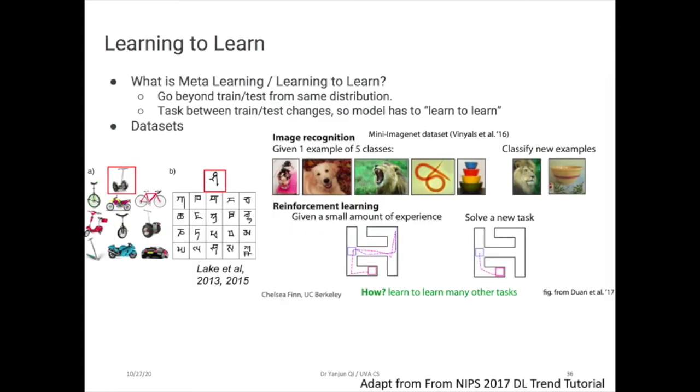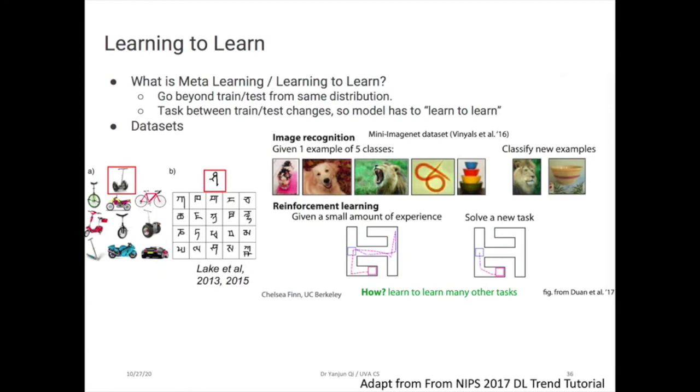So this is a relatively vague, kind of larger field, and you can almost see whenever your formulation goes beyond the training and testing being from the same distribution, and the task between the train and test changes, then you can just claim this is a learning to learn task.